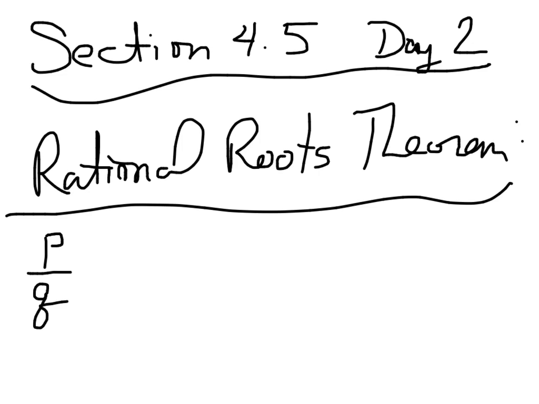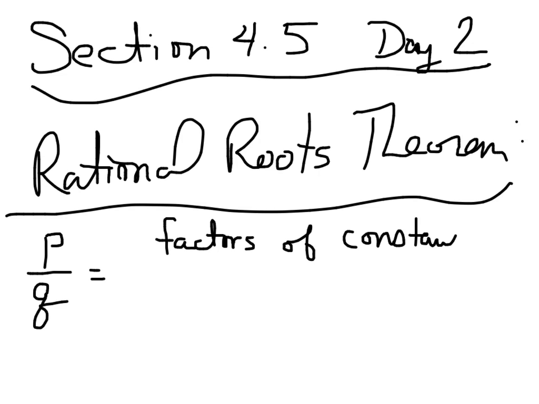It says, in order to find the list of possibles, you take P divided by Q. Now, you don't know what those are, and that's okay. P is the factors of the constant. Which one's the constant? The one without the letter. What is a factor?